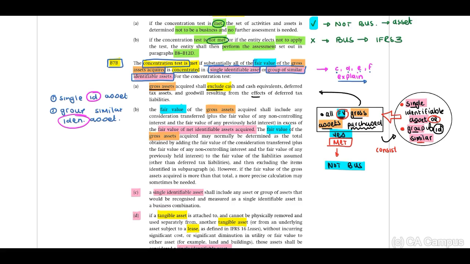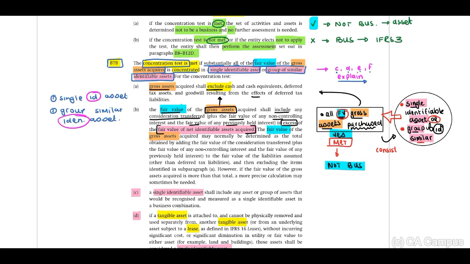B, the fair value of the gross assets acquired shall include any consideration transferred plus the fair value of any non-controlling interest and the fair value of any previously held interest in excess of the fair value of the net identifiable assets acquired.